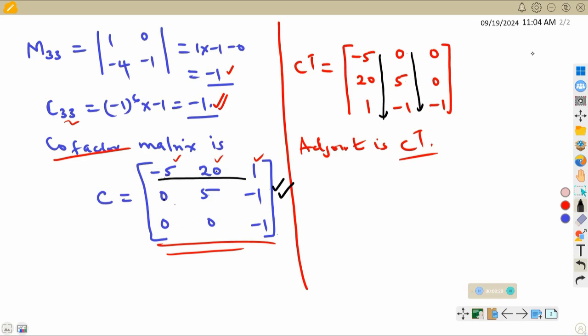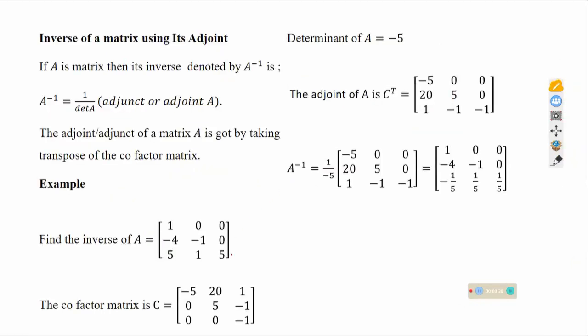So clearly, we are able to get the transpose of our cofactor matrix, and we can easily relate it with the one here. You should be able to do it very well and get this cofactor matrix. So from there, we have obtained its adjoint, which is the same as the transpose.